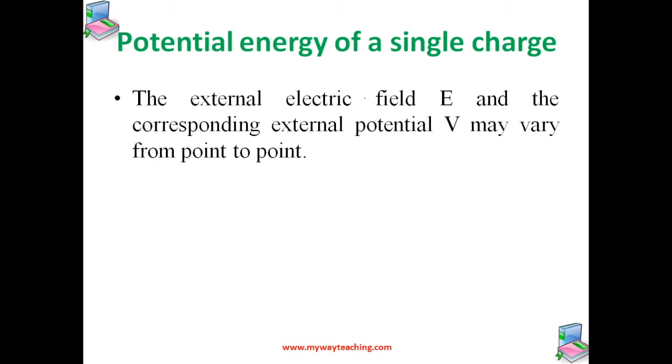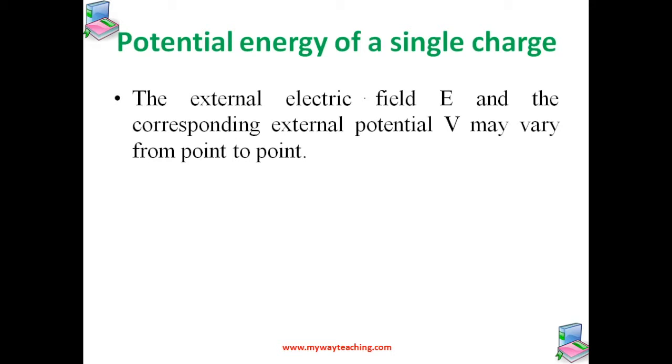Now we are going to calculate the potential energy of a single charge in an external field. The external electric field E and the corresponding external potential V may vary from point to point. By definition, V at a point P is the work done in bringing a unit positive charge from infinity to the point P, isn't it?